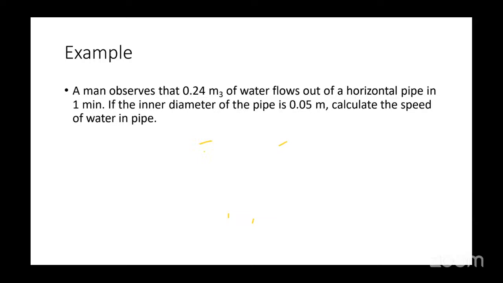If the inner diameter of the pipe is 0.5 meters, calculate the speed of the water in the pipe.